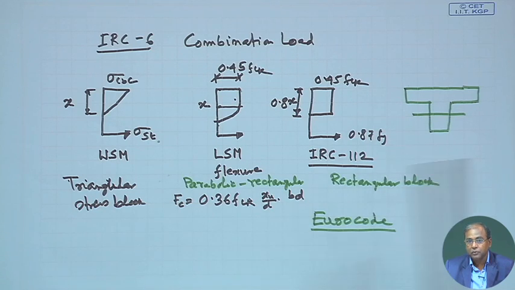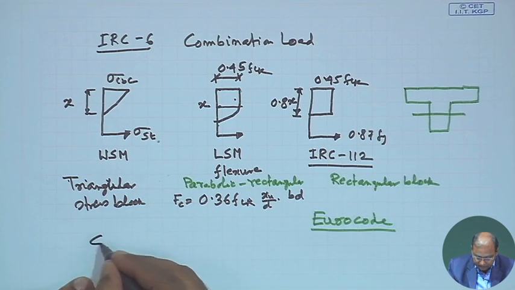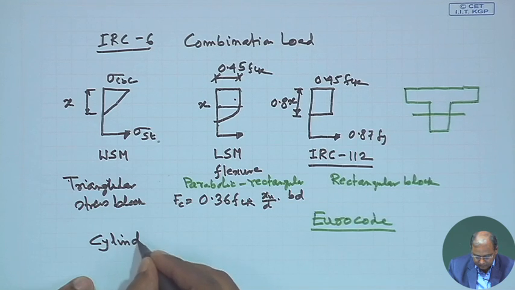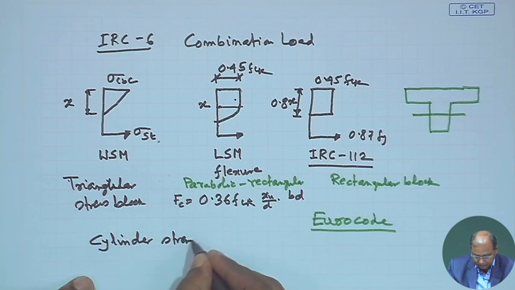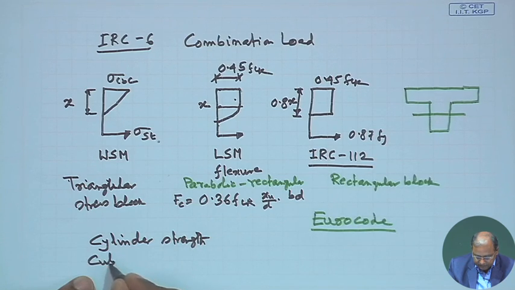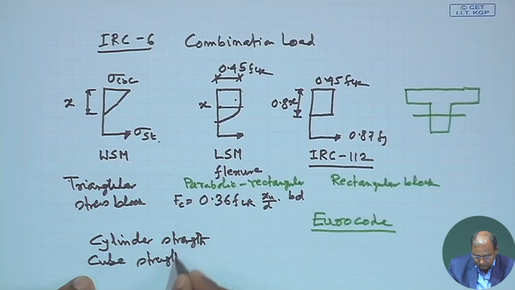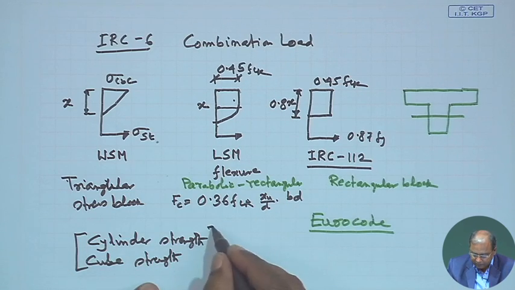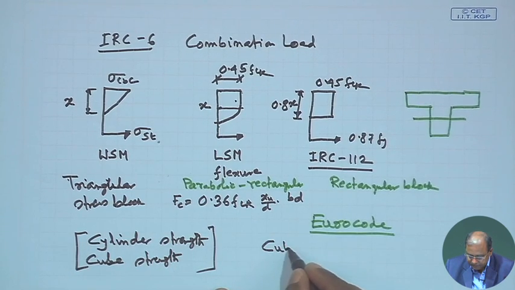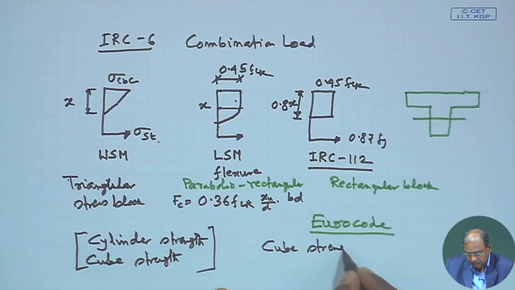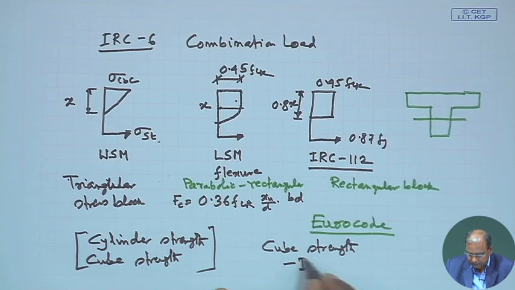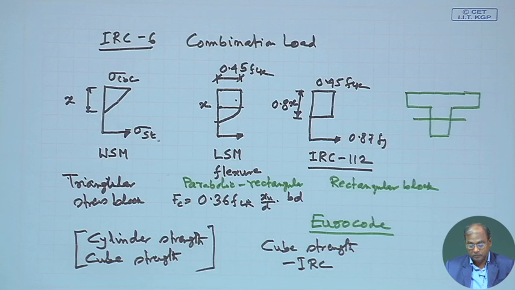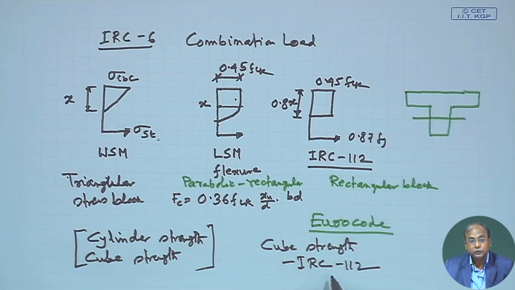Only thing is that in Eurocode they also give the cylinder strength and the cube strength, but in our code we only follow cube strength. This is true for IRC 112 and it is true for IS 456 also.